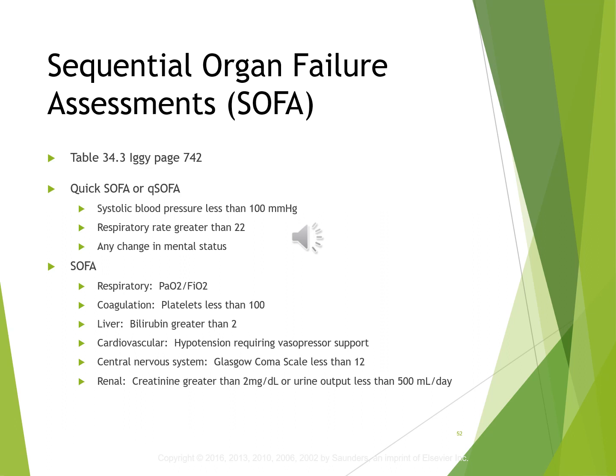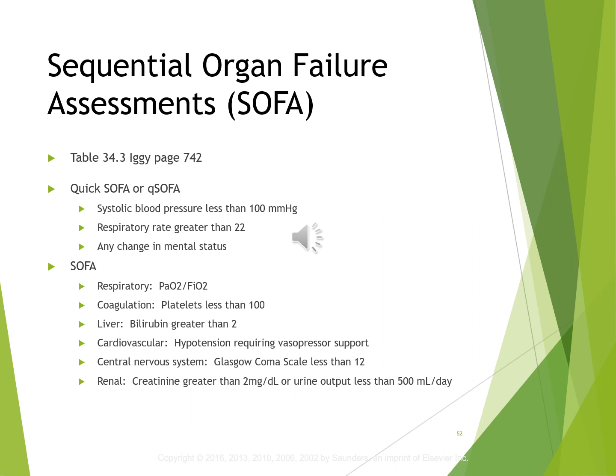This is typically used in your non-invasive care settings. And then SOFA is used more in your critical care settings. So these are just some quick little things you can look to try to make a rapid assessment of your patient to determine the risk of the development of sepsis.